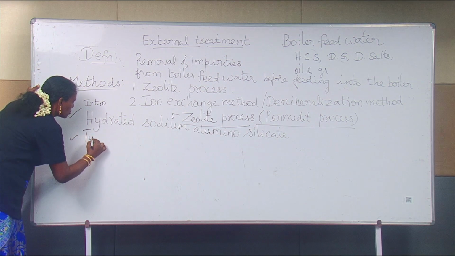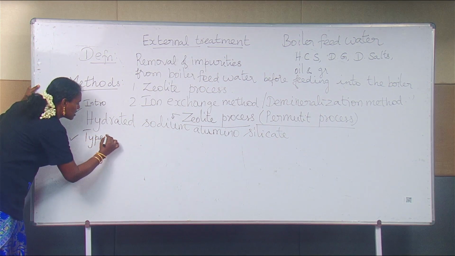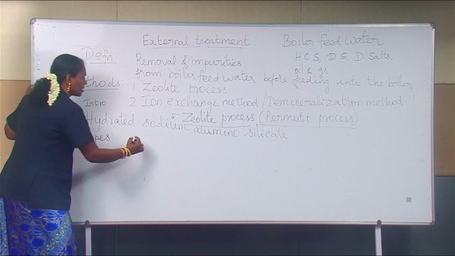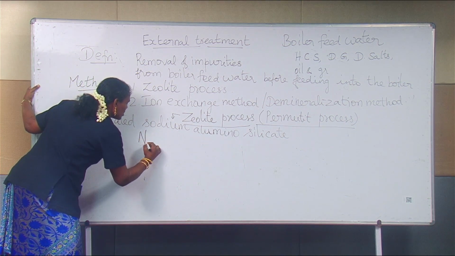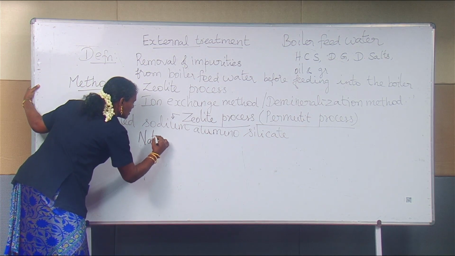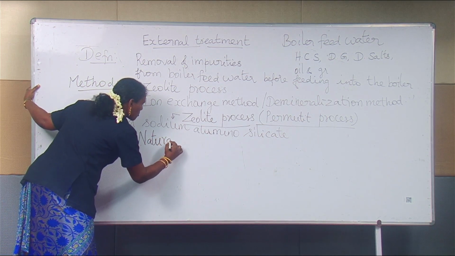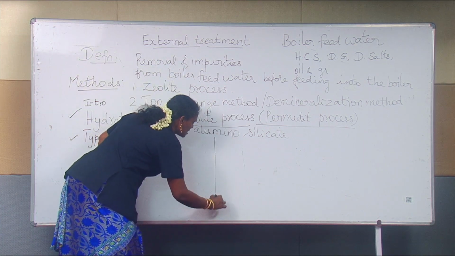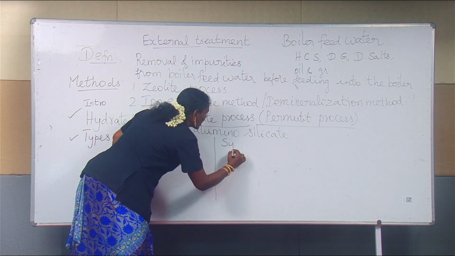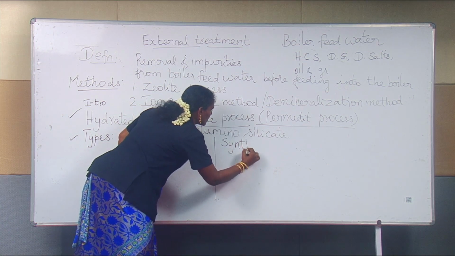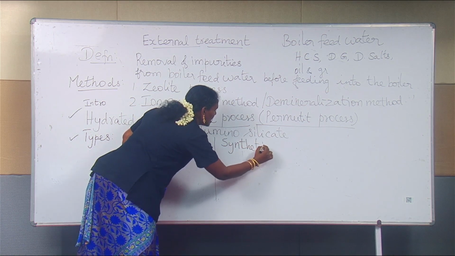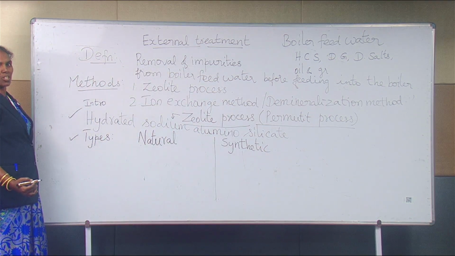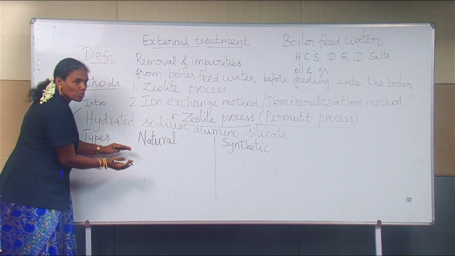There are 2 types of zeolite: natural zeolite and synthetic zeolite. Under each, you have to write 2 points.